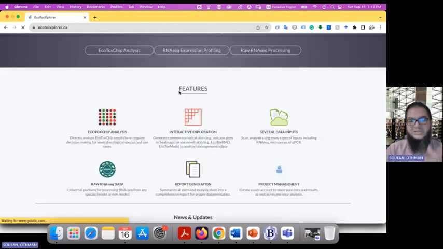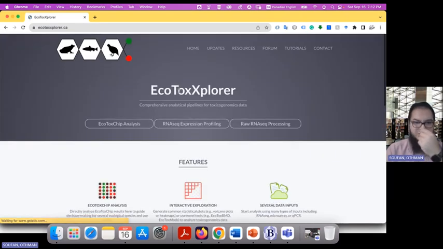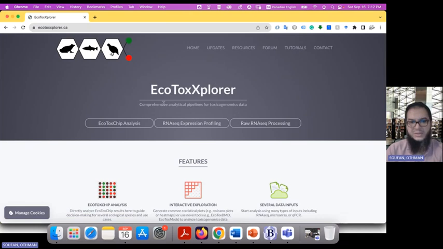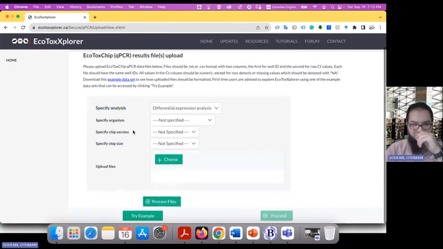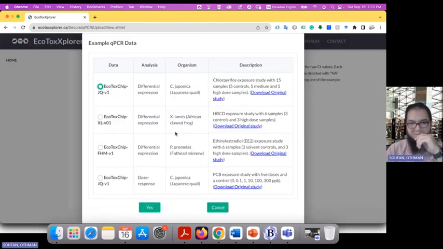Okay, so this is a website I made during my own research as a postdoc in McGill, and part of that is what's called EcoTox chip analysis. So I want to show you this interesting visualization. I'm going to try an example data set. We'll visualize this. This is a qPCR type of analysis.